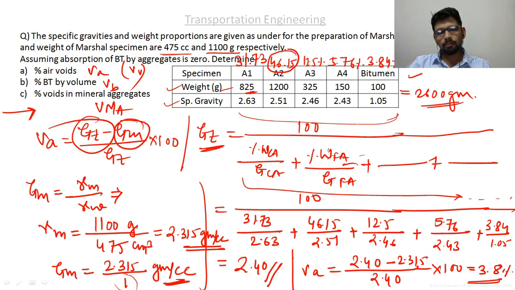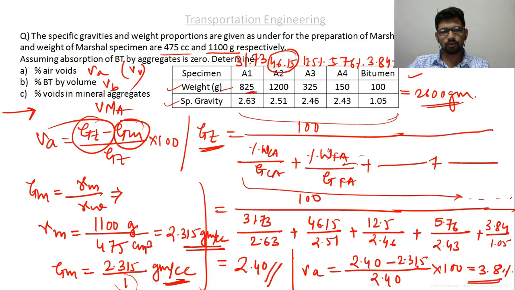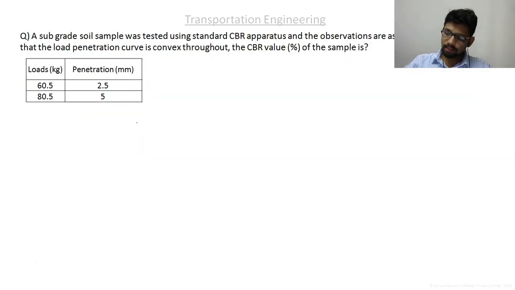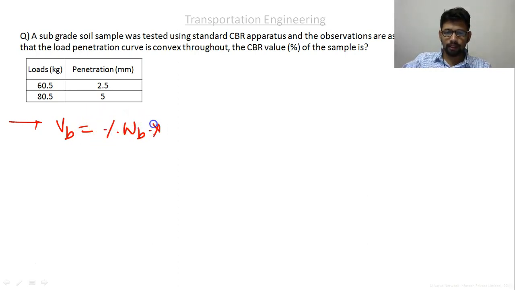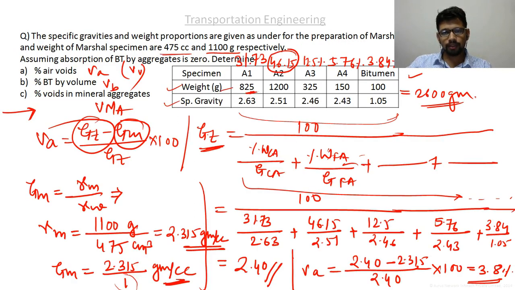So we will go for percentage bitumen by volume. This is actually the next question, but we will find it out. VB is equal to percentage weight of bitumen into GM upon GB. The percentage weight of bitumen is not given, but we have calculated it to be 3.84%.